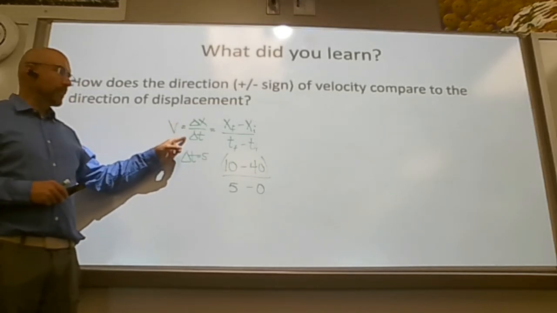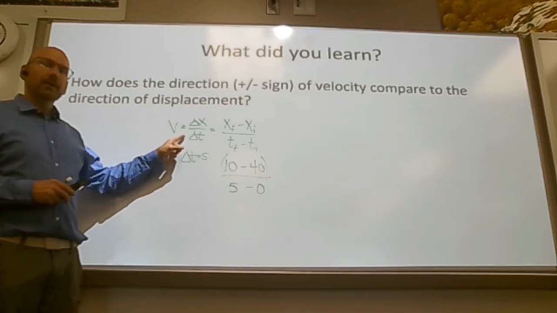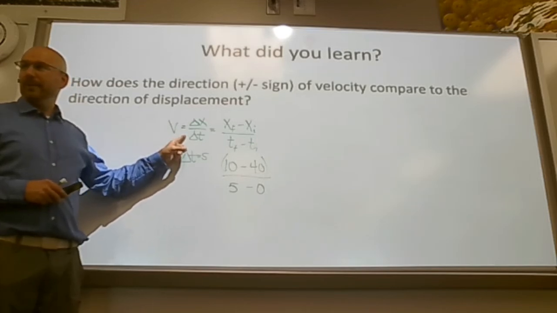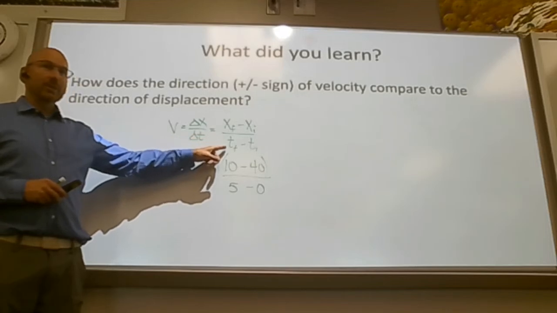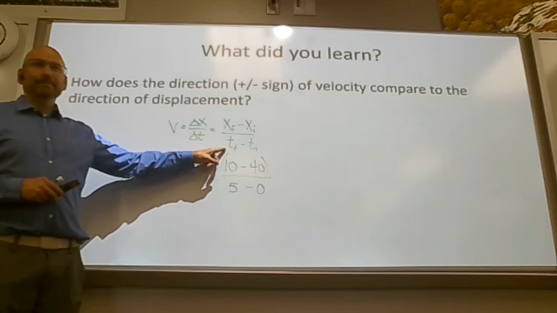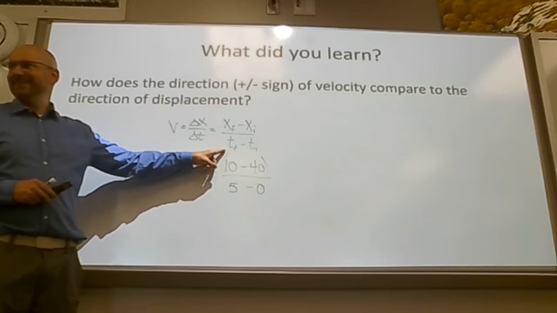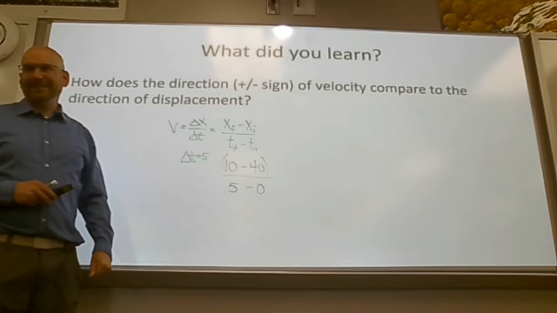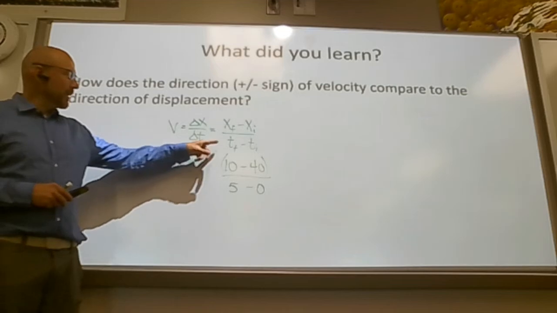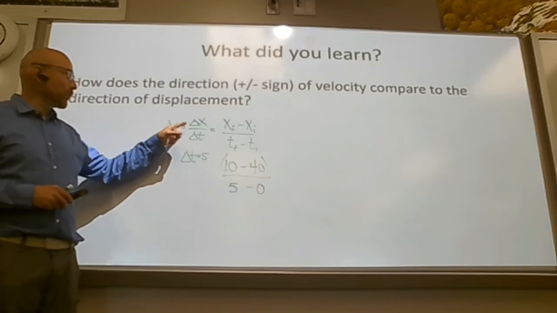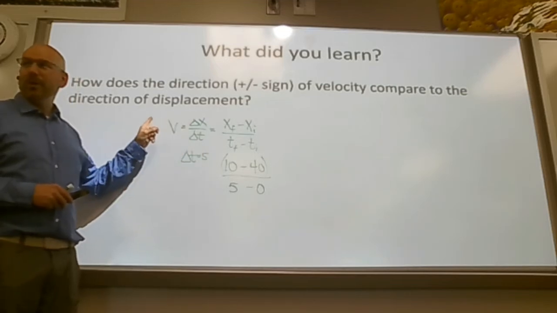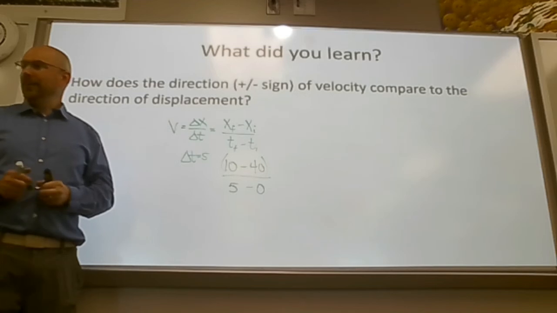Is it possible for a time duration to be negative? If that was the case, he would be going back in time. It can happen in the movies. It really messes things up, but not in physics class. So delta t will always be positive. So whatever the sign of this is, that will always be the sign of velocity.